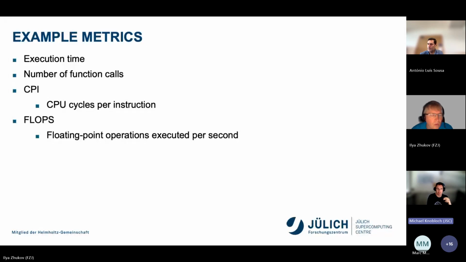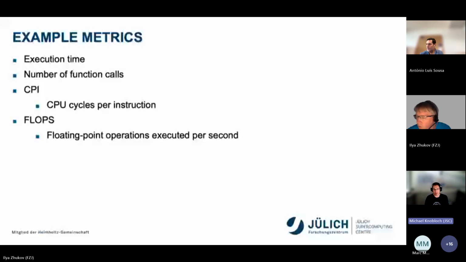A couple of example metrics: execution time is more or less straightforward. The number of function calls can be counted. If we go deeper to the processor level, we can calculate the cycles per instruction, so the CPU cycles it took for an instruction. However, to make sense of that information, you already need to know what a good value is for your processors.